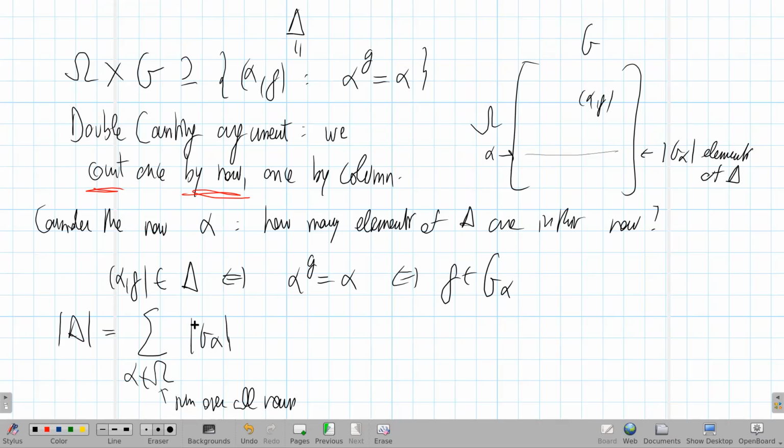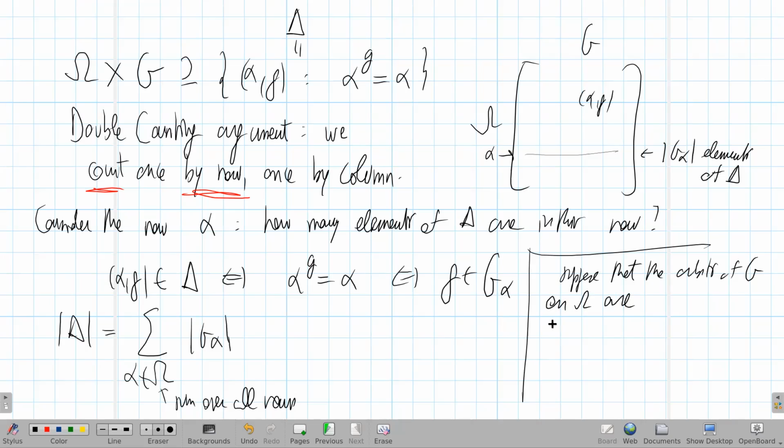Well, suppose that the orbits of G on omega are given by beta 1 to the G, and so on until beta k to the G. Okay, so there are k orbits. This is the orbit of beta 1, and the orbit of beta k, and so on.